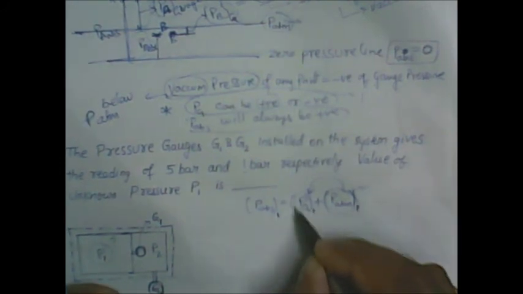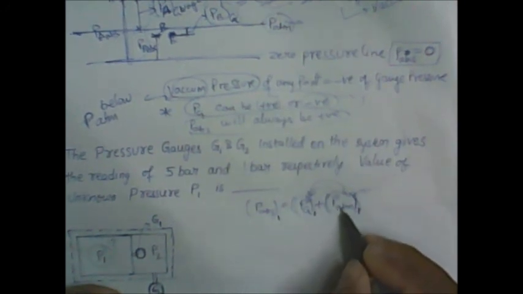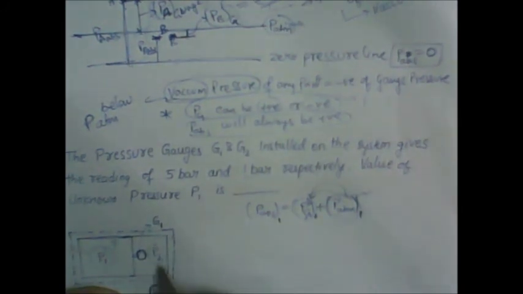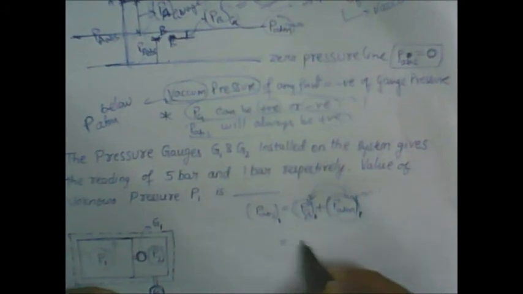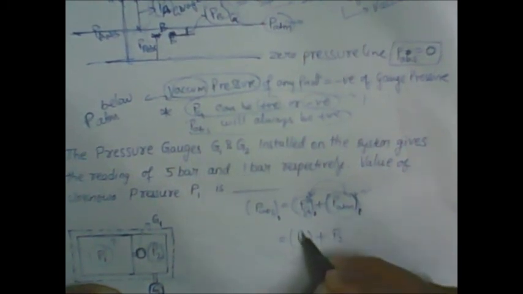As this pressure gauge is kept in compartment 2, the gauge pressure for compartment 1 is measured with respect to its atmosphere, that is pressure P2, which implies P gauge 1 plus P2.